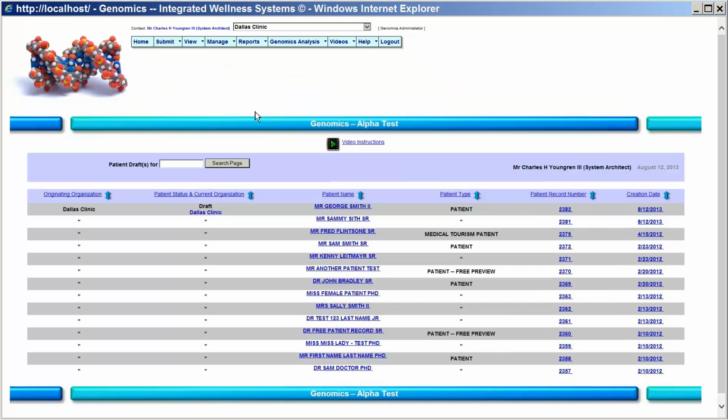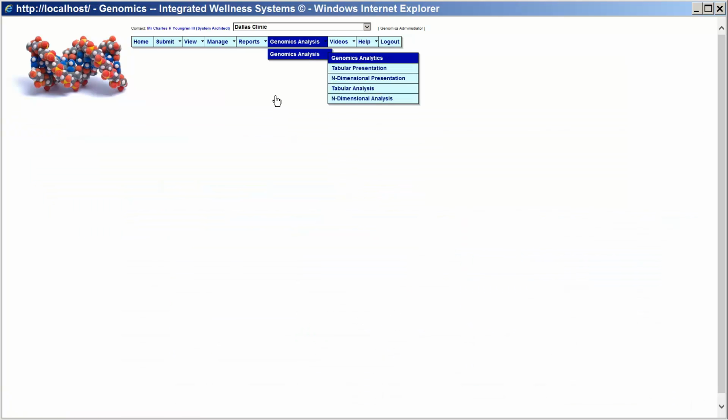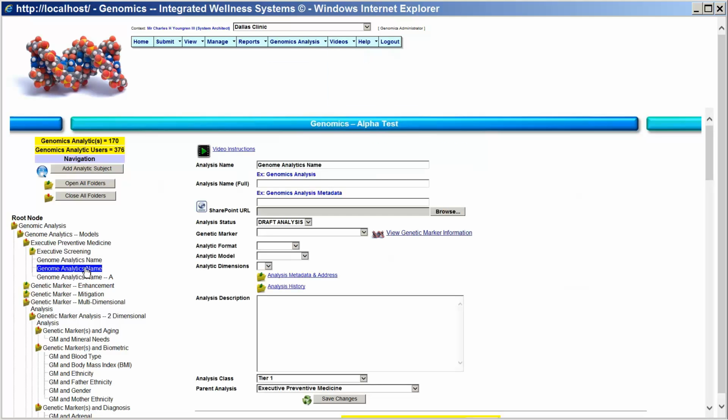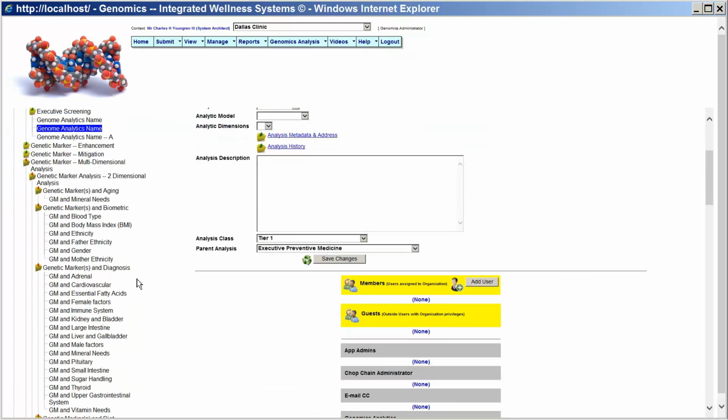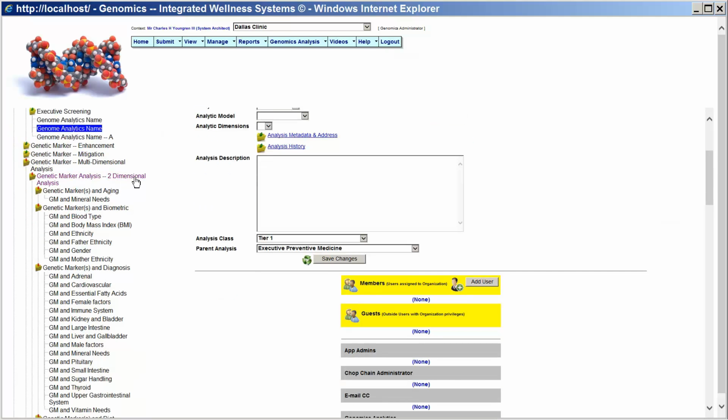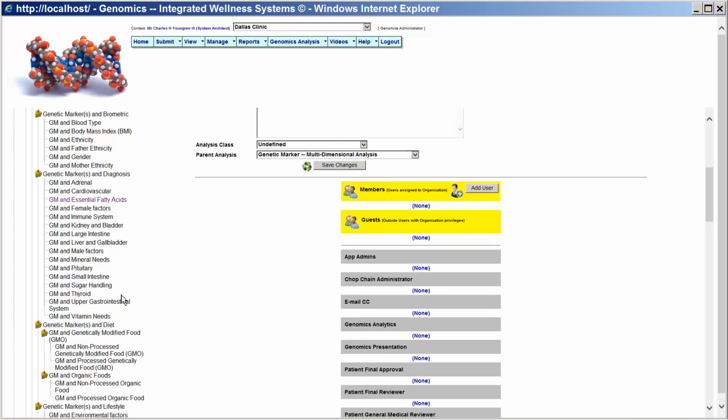Once a physician has completed the management of his day-to-day process, he also can delve deep into the genomic analysis and analytics as provided by the Genomic Integrated Wellness System. We can examine a myriad of informations available that pertain to particular patients, everything from, this is a two-dimensional genetic marker analysis, so we can look at genetic markers and biometrics, genetic markers and diagnoses.